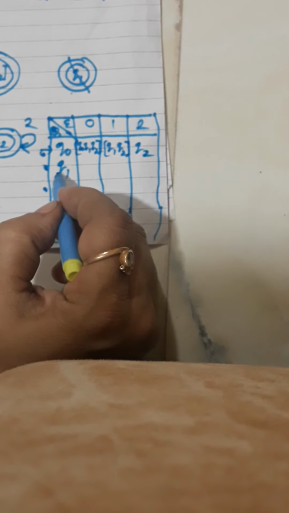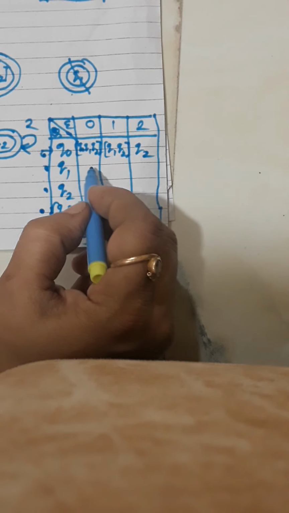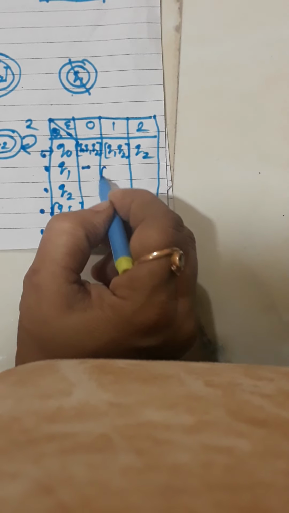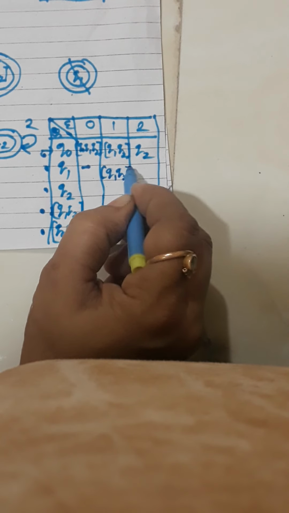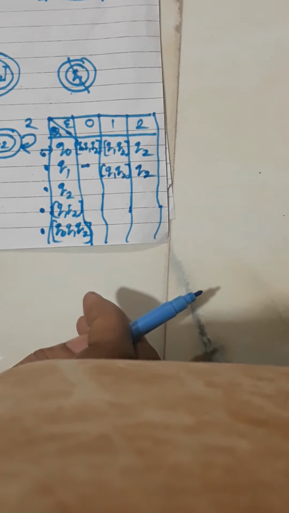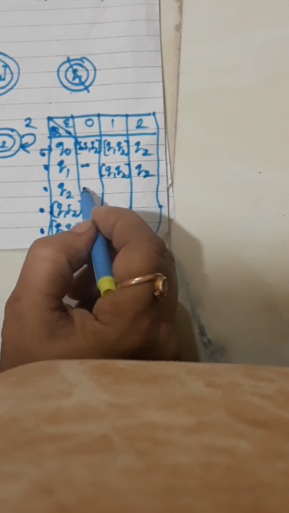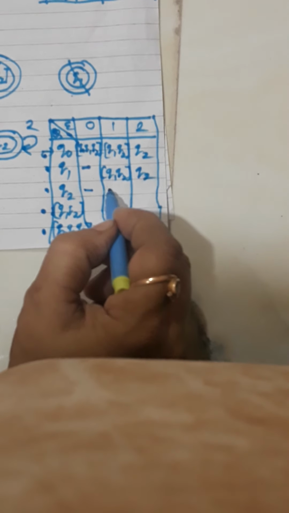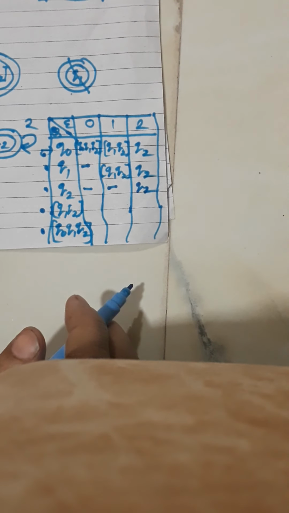These are all single states. Q1 on 0 moves nowhere, on 1 moves to Q1, Q2, and on 2 moves to Q2. Q2 on 0 moves nowhere, on 1 moves nowhere, and on 2 it moves to itself.